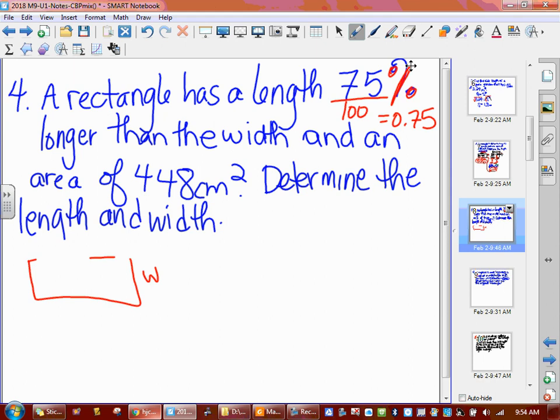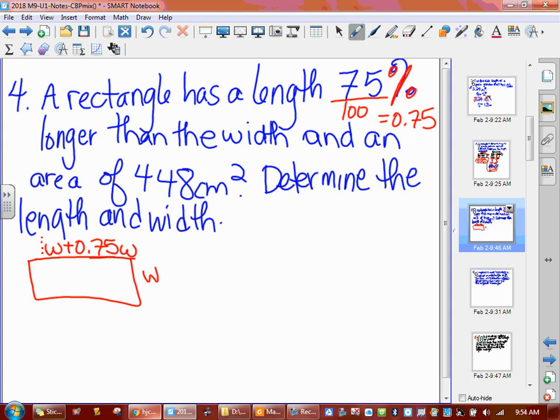Now what we're going to do is we're going to take a look. On top here, if you don't see a number in front, it's a hidden 1. So how many W's do I actually have on top? We have the numbers in front. So 1 and 0.75. So how many W's are actually here? 1.75 W's.